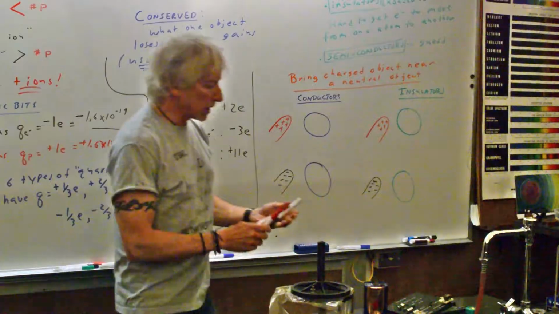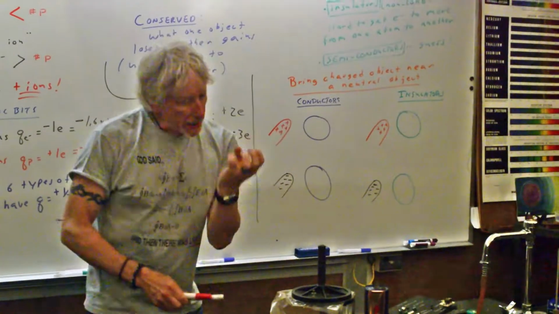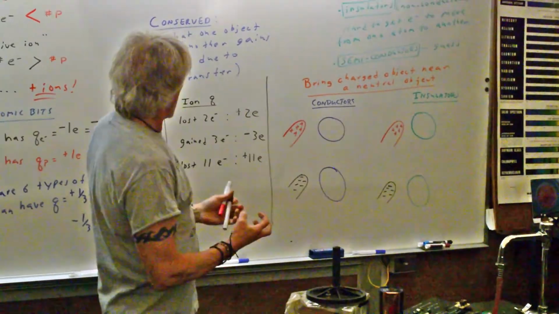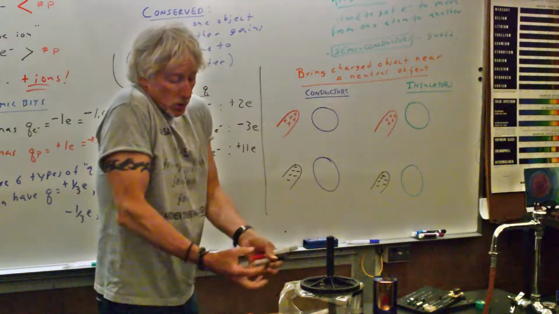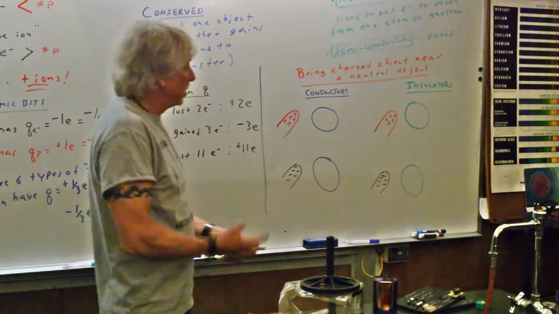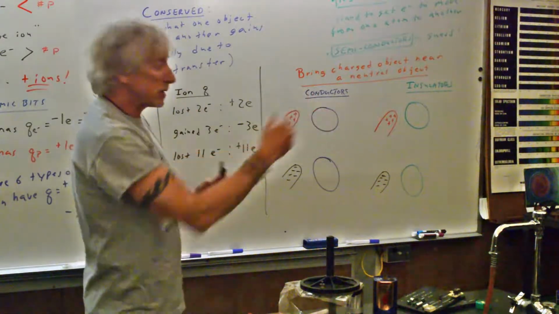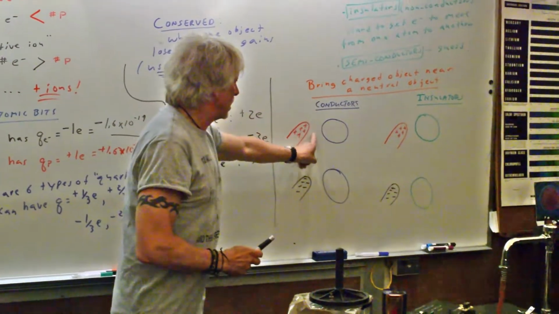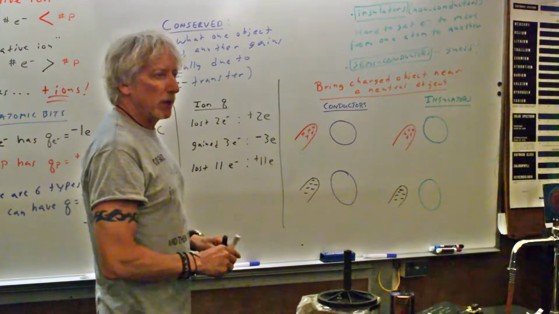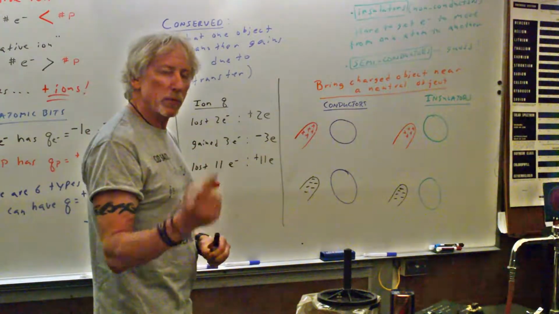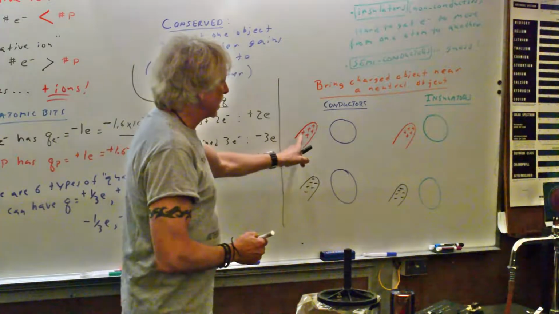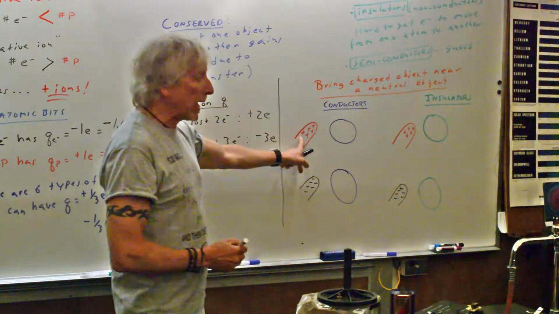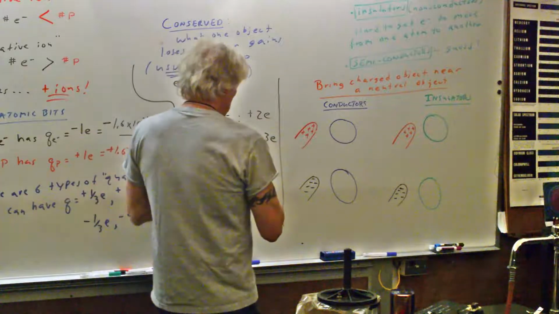What happens in the conductor? Well, again, atoms are made of electrons and protons and neutrons. The protons and neutrons don't move around, not across the thing. In a conductor, electrons will see, will they be attracted or repulsed? Here's a lack of electrons.